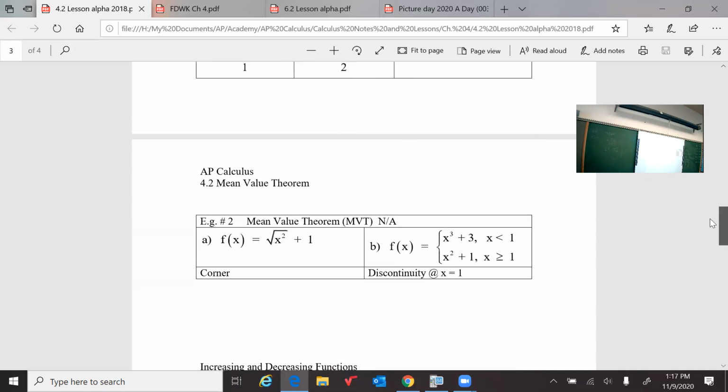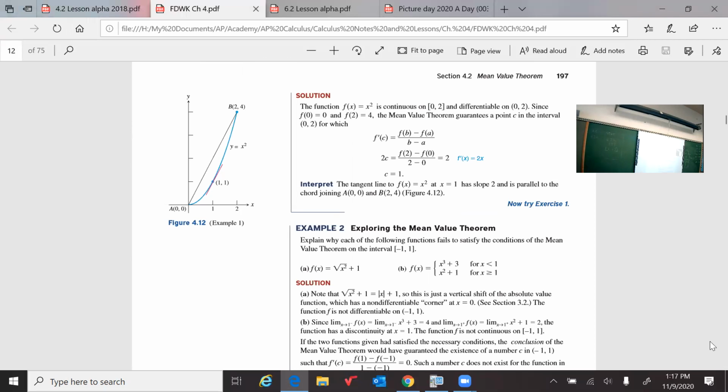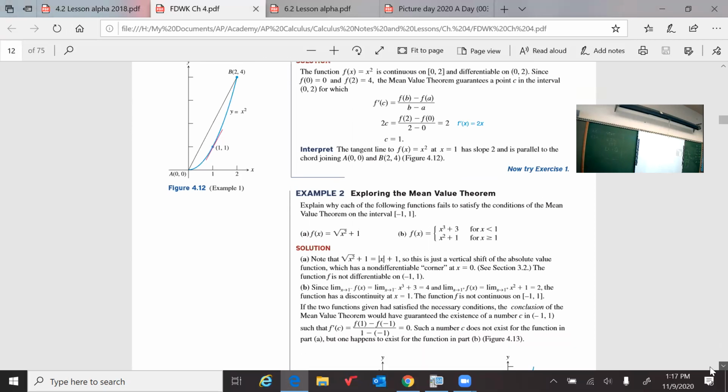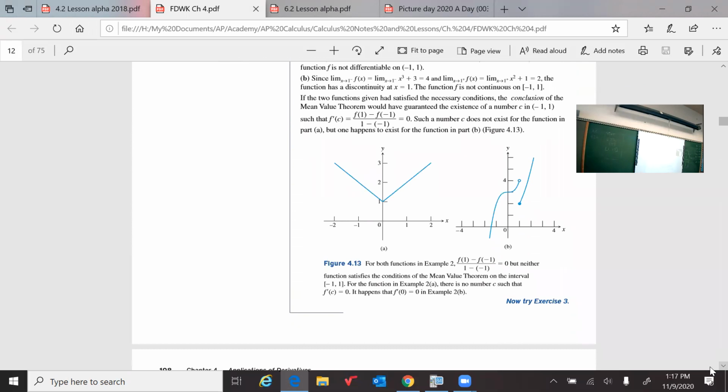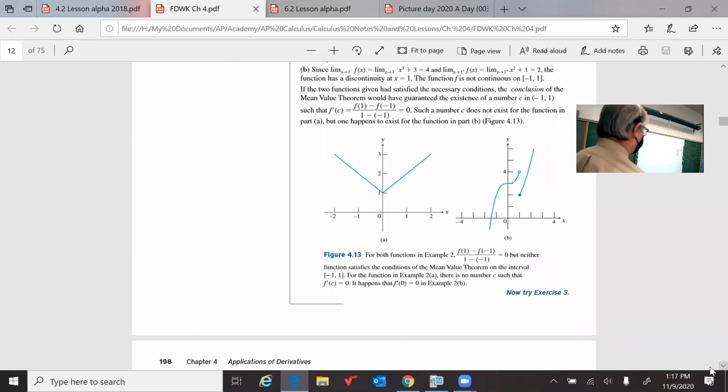Example 2. So example 2, go back to the book. Here are 2 times that the conditions are not met. When I look at this picture, you're familiar with this picture. This is y equals the absolute value of x, moved up 1. So the pre-image is y equals the absolute value of x.